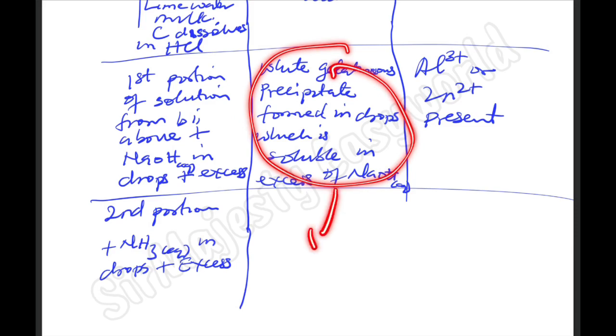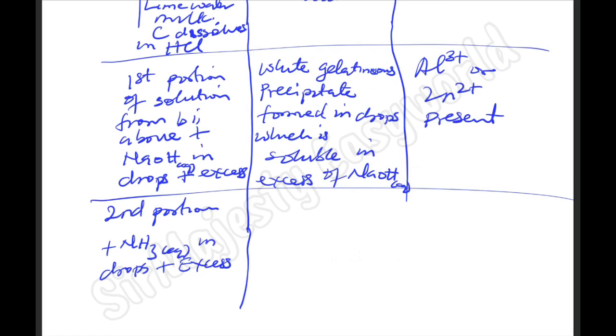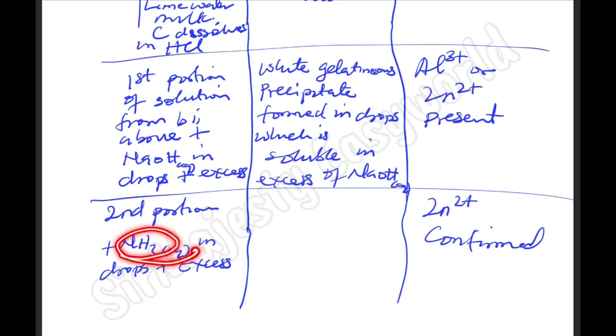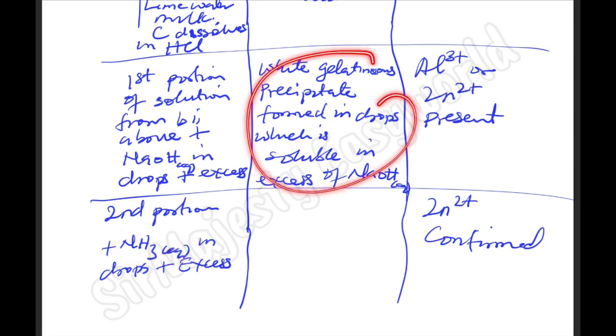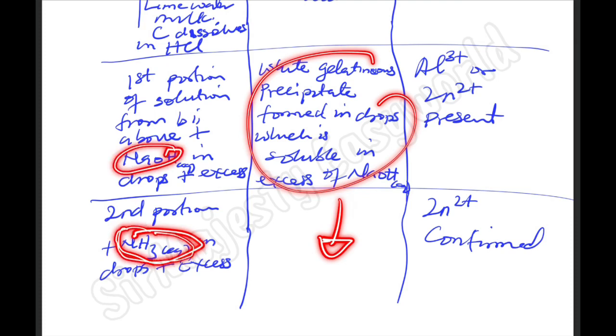Bring what is here down here again, but the difference is that your inference will now be just zinc 2 ion confirmed. The reason is because it's only zinc ion that will form white gelatinous precipitate that will dissolve in excess of aqueous ammonia, even though the observation remains the same as here, but because of different reagents, here is sodium hydroxide but here is aqueous ammonia, that's why we say zinc confirmed.